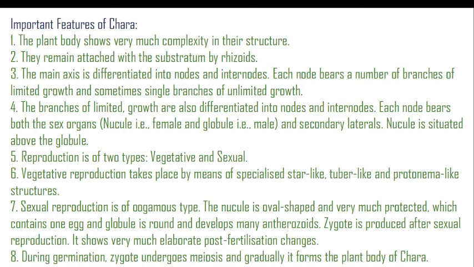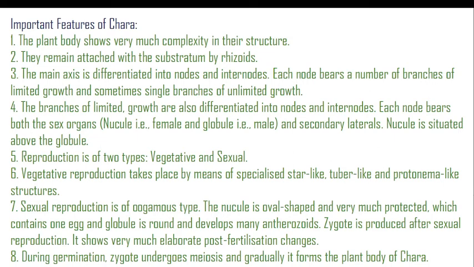Vegetative reproduction takes place by means of specialized star-like, tuber-like, protonema-like structures, and the sexual reproduction is of oogamous type. The nucule is oval shaped and very much protected, which contains one egg cell, and the globule is round and develops many antherozoids within it.